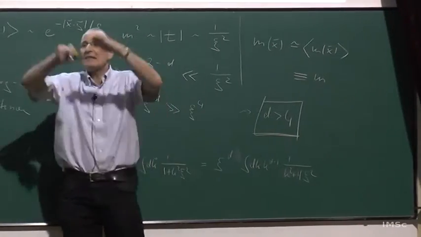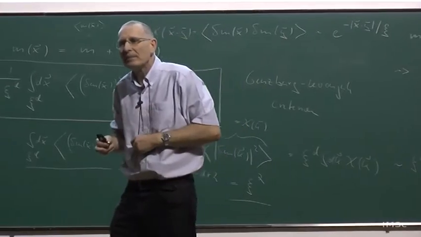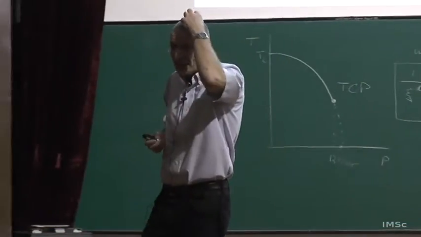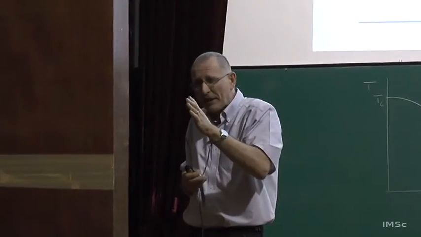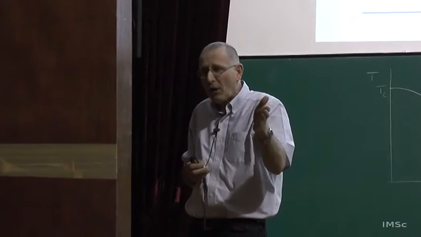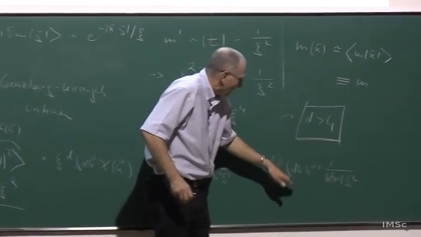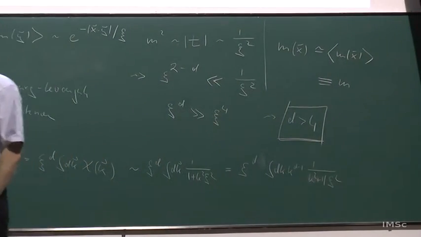So it gets kind of diluted in the larger dimensions. That's a general statement. Any given fluctuation is always stronger in a lower dimension than in a higher dimension. And the reason is simply this phase space argument that's encoded in the integration measure in k-space.